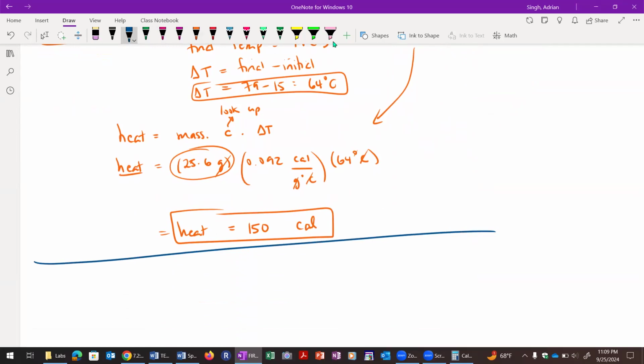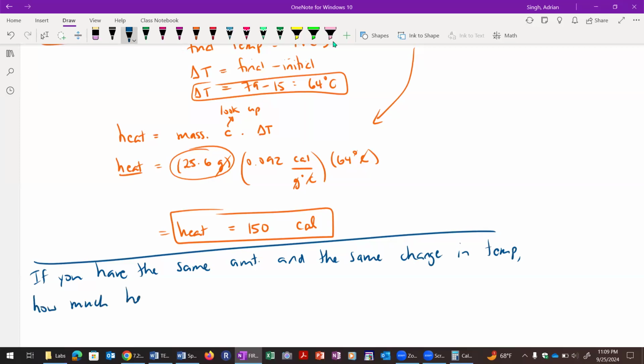Let's say you have the same amount and the same change in temperature, how much heat will be needed for a sample of water instead?